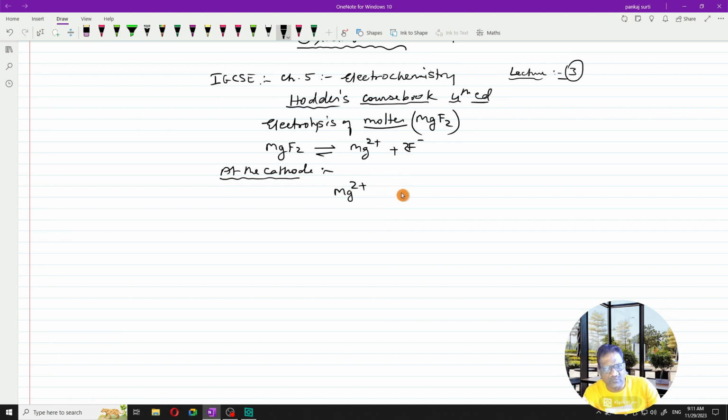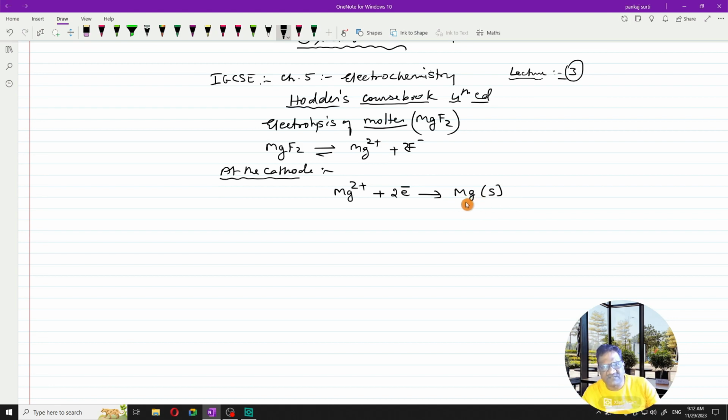At the cathode, electrons are given, so it will give two electrons to this magnesium ion, and this magnesium ion will be converted into solid metal magnesium. This is the reaction taking place at the cathode. The magnesium ion will take two electrons from the cathode and get converted into magnesium in the solid form.